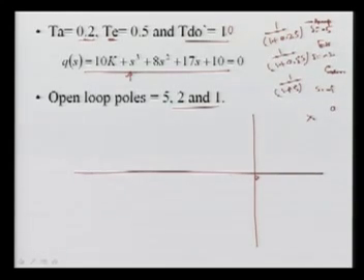So let's suppose this is 1, another is 2, and then 3, 4, 5, this is 5. So it is minus 5, minus 2, and minus 1. So there are 3 open loop poles. Zeros are from the numerator, the upper part of the closed loop characteristic equation.